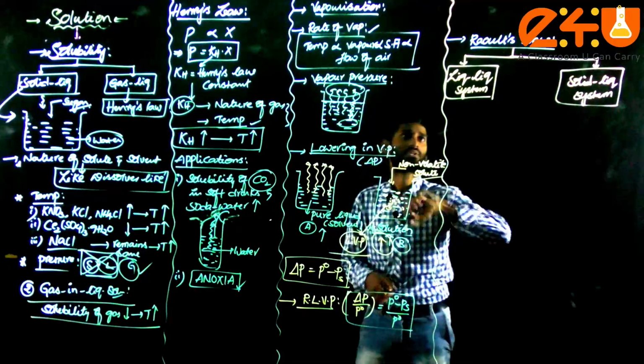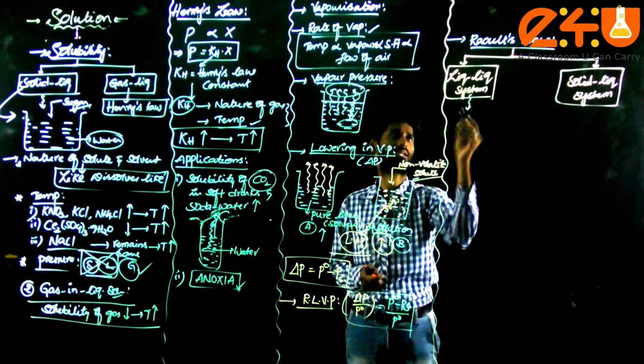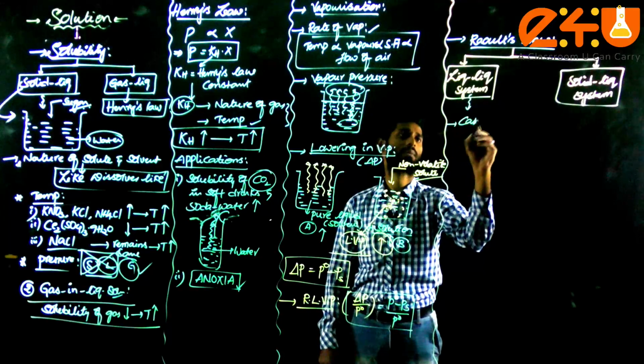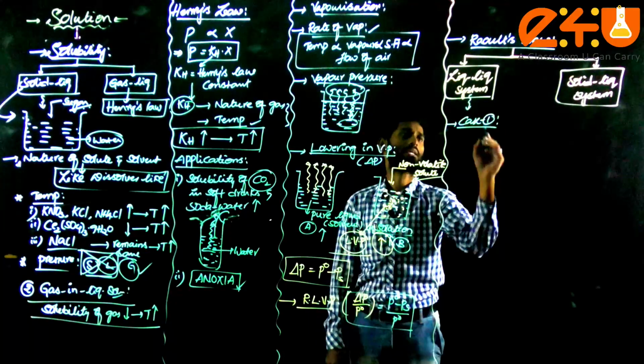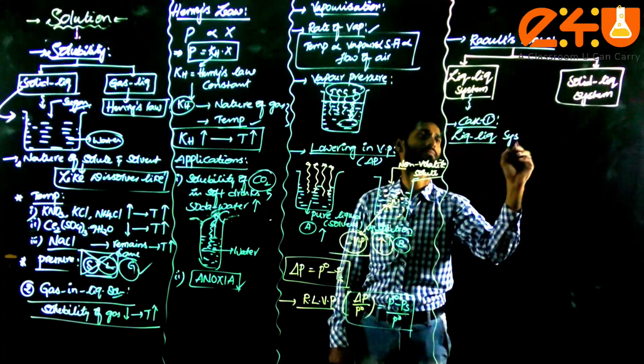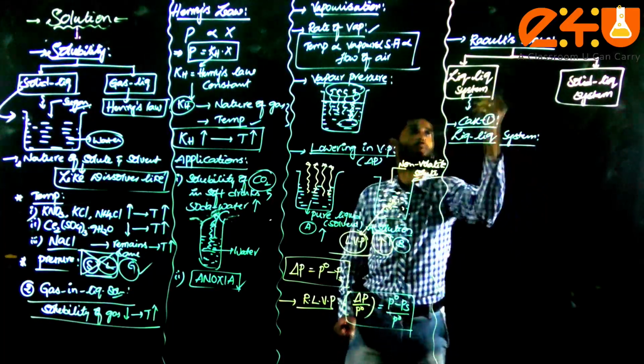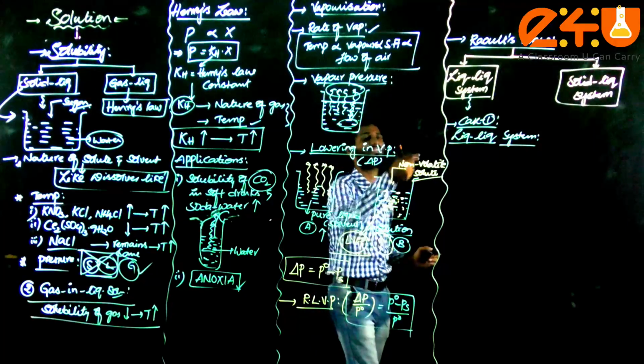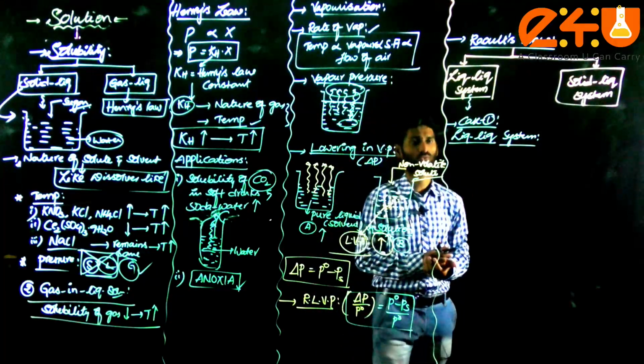Now let us start with a very important one, case 1, liquid type of solutions or systems. First of all, what is Raoult's law with respect to volatile liquid solutions?